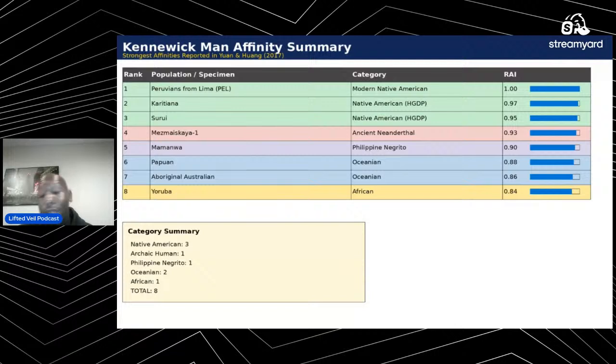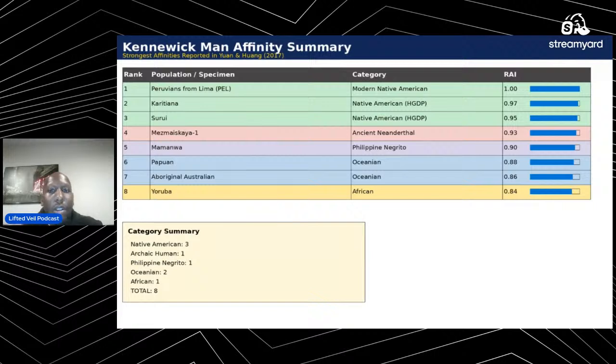Having an Australian signal that wasn't present upstream in Central America, North America, including Canada, up into the Bering Strait region, Siberia, Central Asia, or Central Eurasia, or West Eurasia.